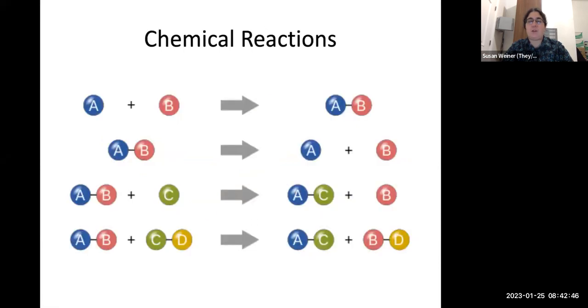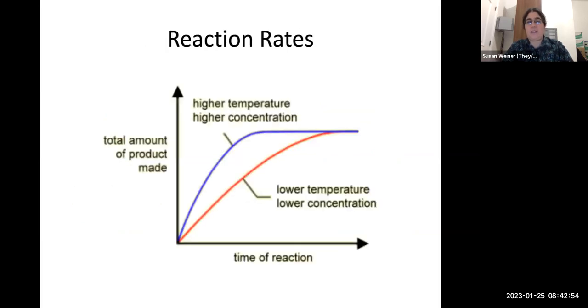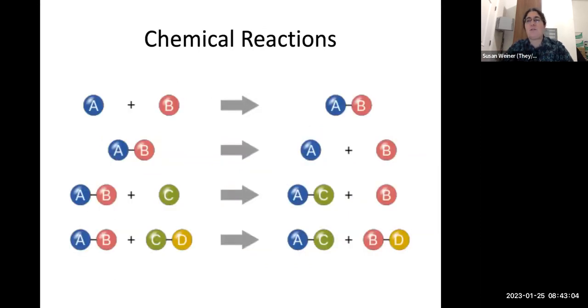Now, for all of these, basically chemicals are floating around in the environment, and they're moving around by diffusion, which we talked about last semester. The higher the temperature is, the faster they're moving, and the more they bump into each other. And for a reaction to happen, all the reactants have to be in the same place and bump into each other, unless there's just one thing splitting apart.